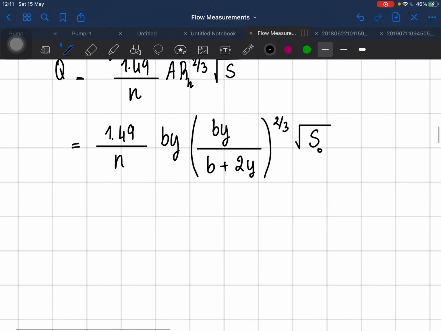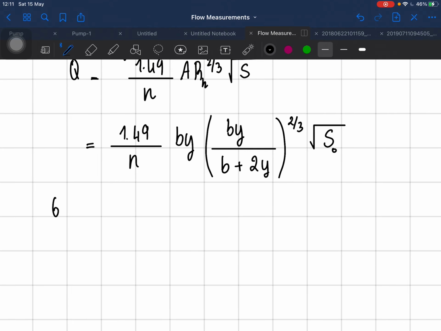So then we know the Q, right? So the Q is 600 cubic feet per second equals 1.49 over 0.015. And then for B, it says that 12 feet times the Y. Oh, we're trying to find a Y, right?